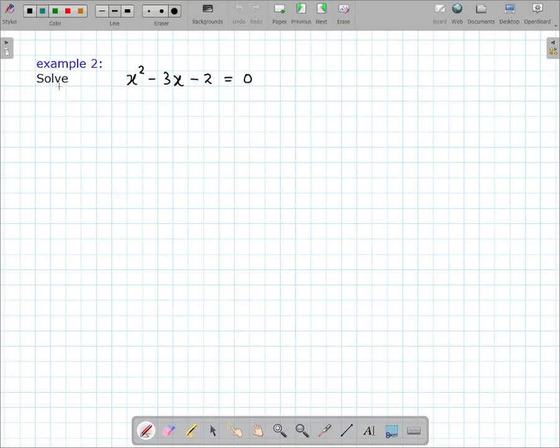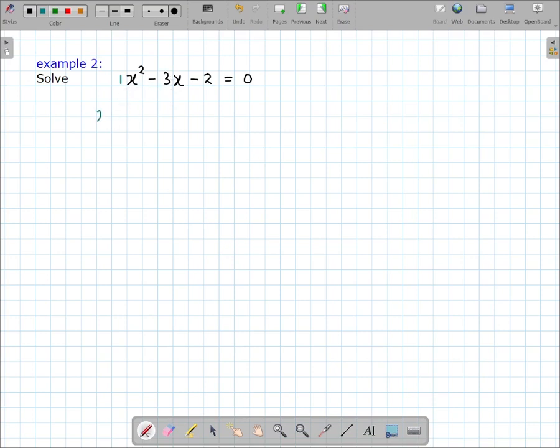Example 2. Solve x squared minus 3x minus 2 equals 0. First we check the quadratic term coefficient, that is 1. So we select the quadratic term and linear term and try to write this as a complete square.